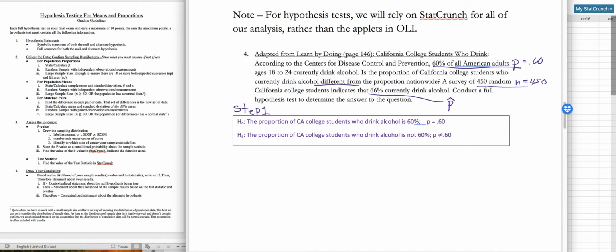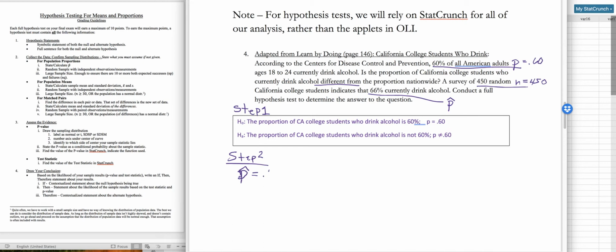All right, so taking a look over here, we've done step 1, our hypothesis statements. Now we are on to step 2, and right now we're dealing with population proportions. So let's see what we need to do there for step 2. Either state or calculate p hat. Well, in this particular setup, they've just given us the p hat amount.